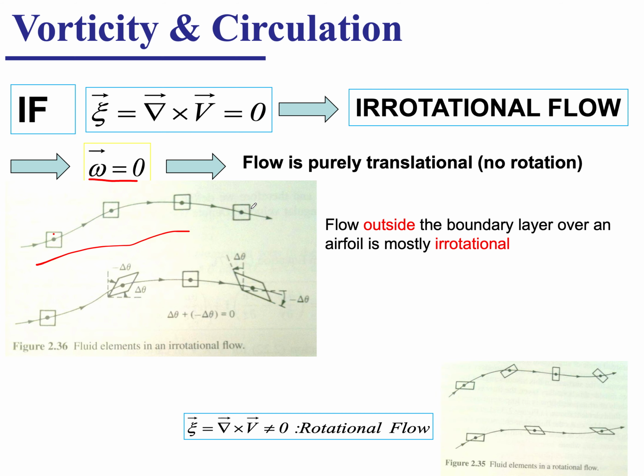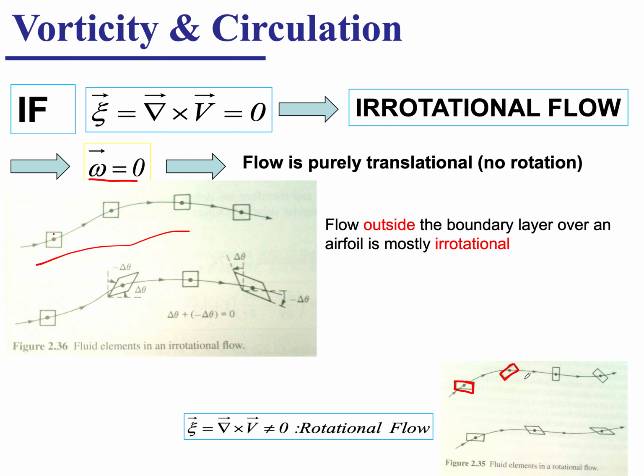And the other part of this argument is that inside the boundary layer, our flow is going to be rotational because there's a lot of velocity gradient associated with the variation of velocity from the no-slip condition to the free stream velocity that we have seen before. Inside the boundary layer, a fluid element moving along a streamline varies its angular orientation.